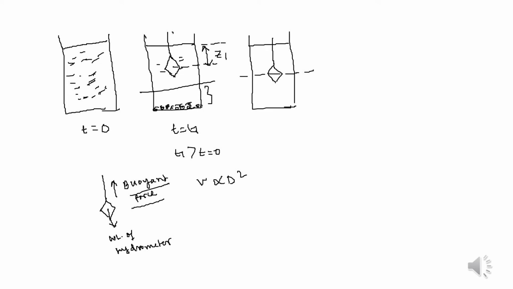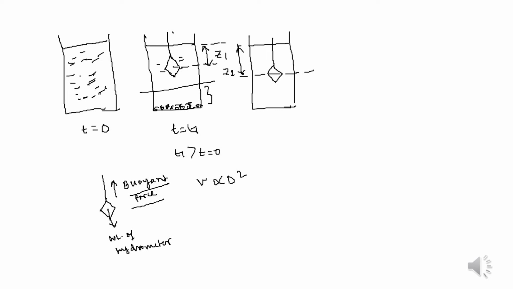So suppose at time T2, the distance or the depth from the surface of the soil suspension to the center of the bulb becomes Z2. So what is to be done is that we have to determine a depth where the hydrometer is taking the reading, right?